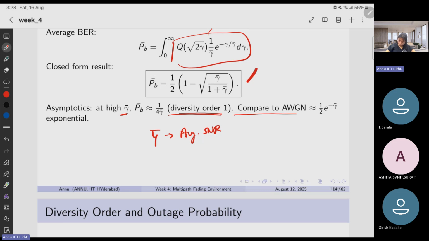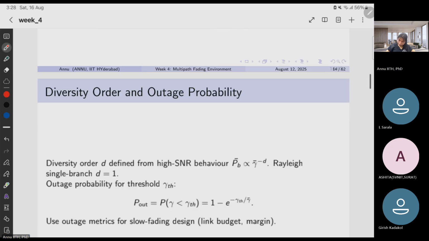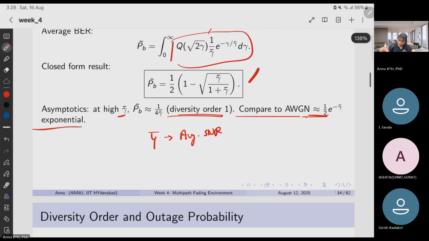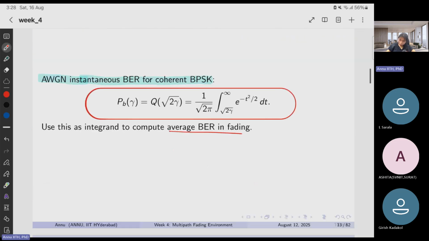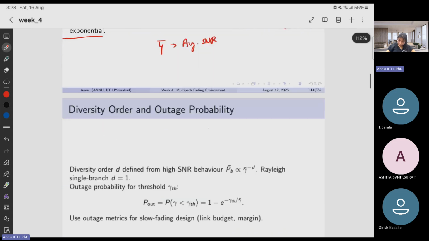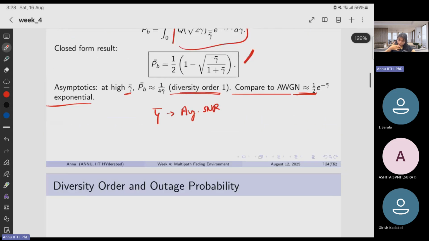Compared to AWGN, you have 1 by 2 e power minus gamma bar, which is exponential. So there is a significant difference between Rayleigh fading and AWGN.